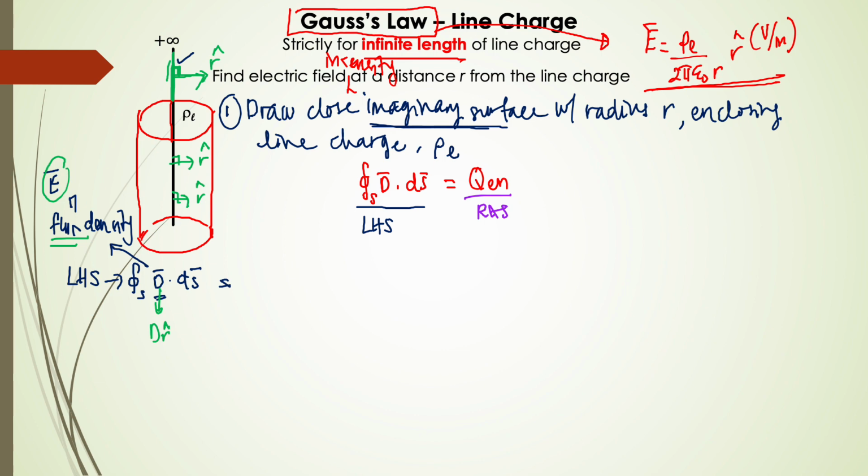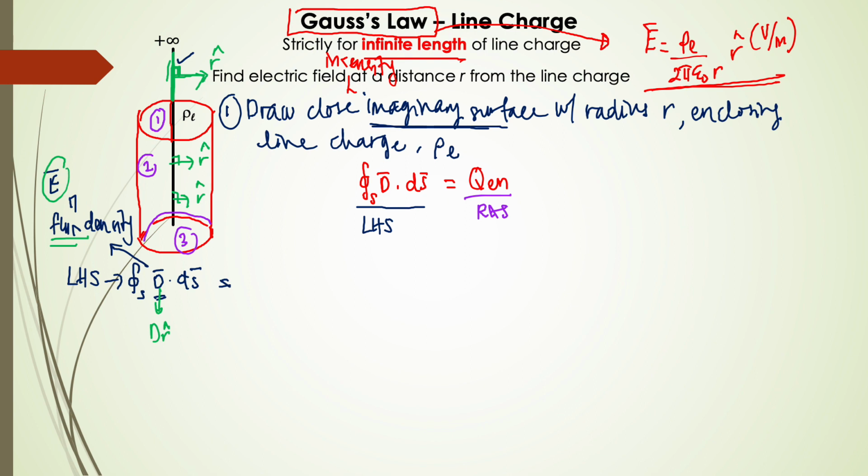Next, we need to look at the closed imaginary surface. Our closed imaginary surface here is a cylindrical structure. So let's look at how many surfaces this cylinder contains. It contains one surface on the top, a second surface that surrounds the cylinder, and a third surface located at the bottom of the cylinder, right?